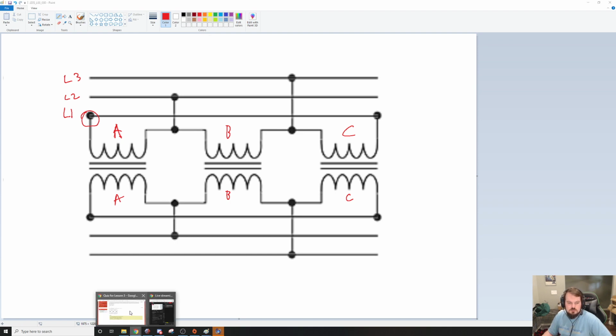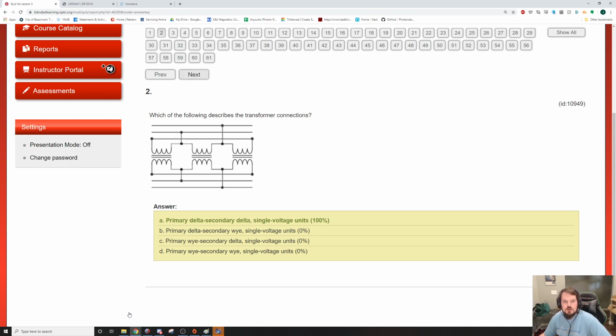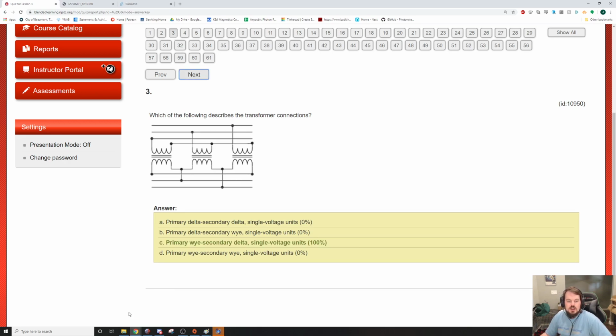Okay, so next up is a Y primary, delta secondary. So you can see, and I'm not going to download this one and do all that so I can draw on it, but you can see in this one, this first line is just connected to the line, and there's no other connection there.